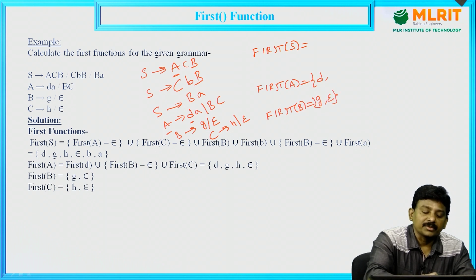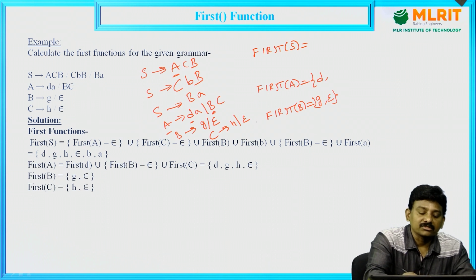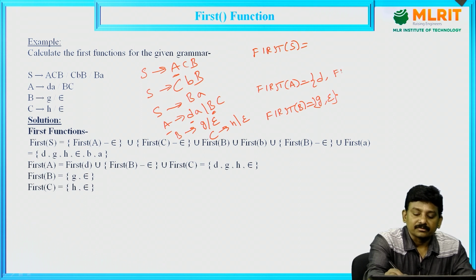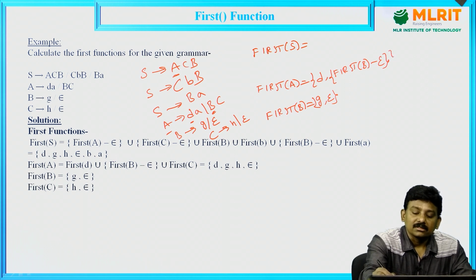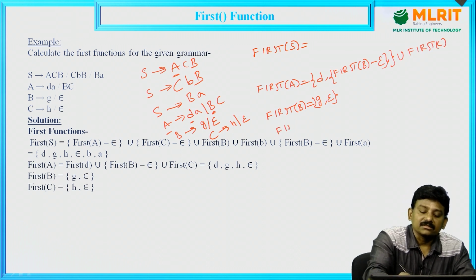Here first of B derives epsilon, so exclude epsilon and take union of first of C. First of B minus epsilon, union first of C. What is first of C?